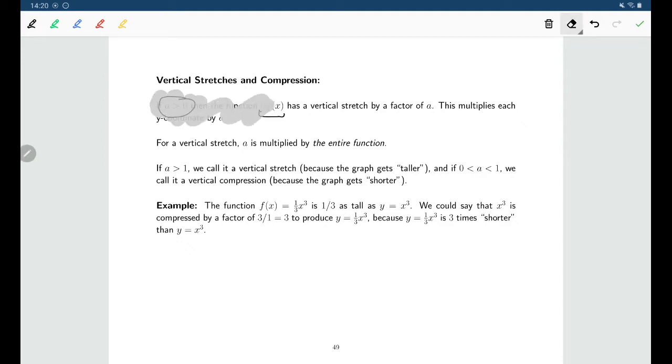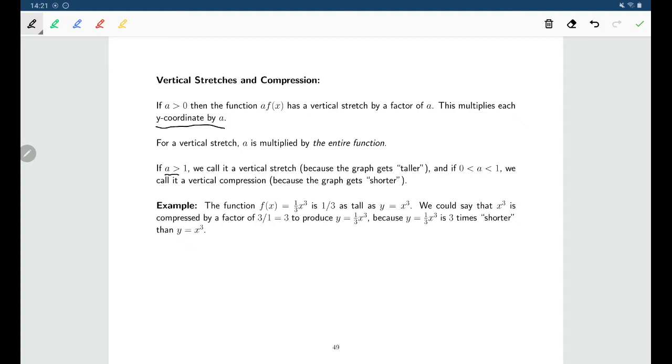And we carry that out just by multiplying all the y values by that factor of a. So we take all of our y values and multiply by a, and that carries out our vertical stretch or our vertical compression, depending on how big a is. Because, as you know, we take each y coordinate and multiply it by a.